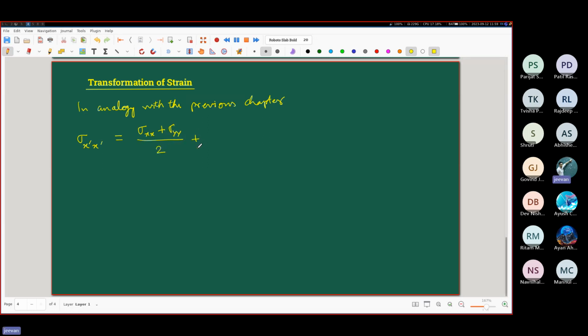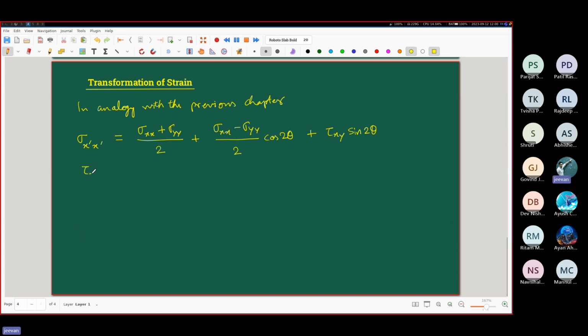If we have an x dash axis which is tilted to the x axis by an angle theta, then the sigma x dash value will look like this. I urge all of you to please check with the notes from our actual physical classes.